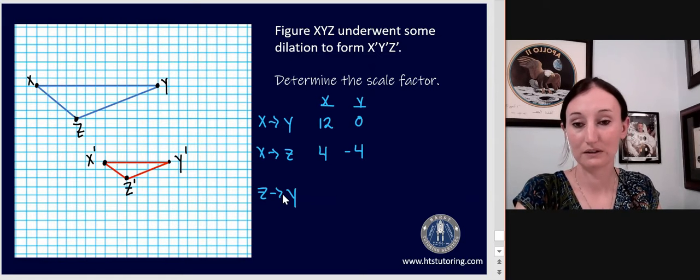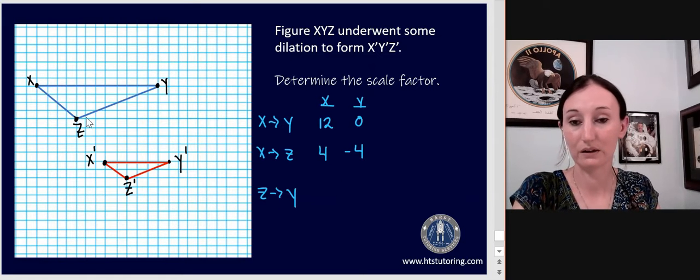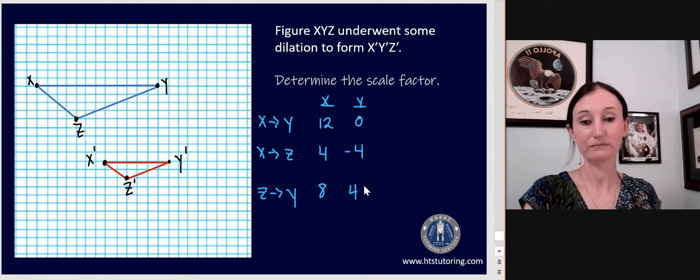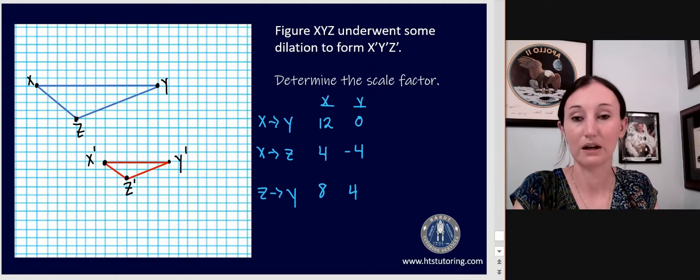And from z to y, I go 1, 2, 3, 4, 5, 6, 7, 8. I go +8, and I go 1, 2, 3, 4. Okay, now I'm going to look at my scaled version.